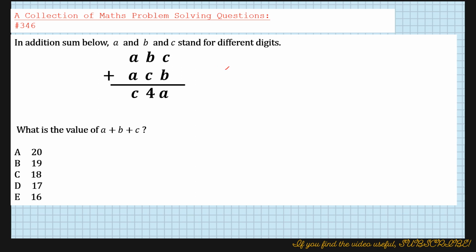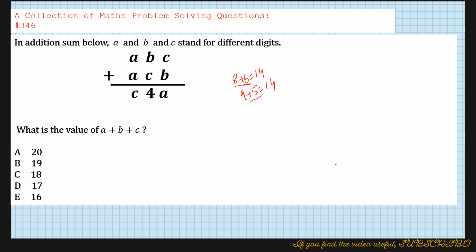So what we can do is, the other things that would give 4 are 8 plus 6 is 14, or 9 plus 5 is 14, or 7 plus 7 is 14, but it can't be 7 plus 7. We can have a 7 actually, if there is a carryover. So 8 and 6 is 14, and 9 and 5 is 14.